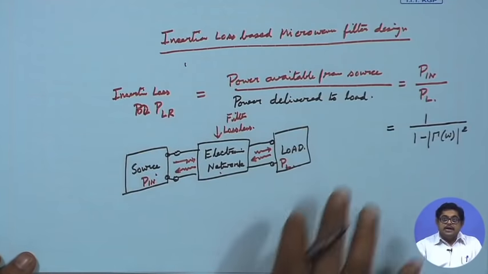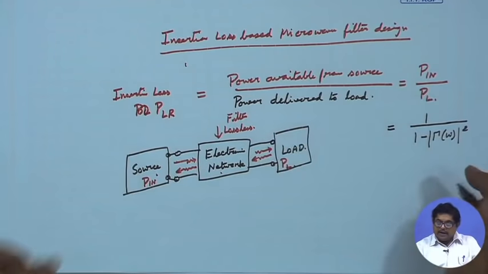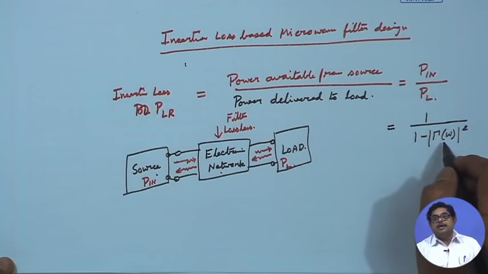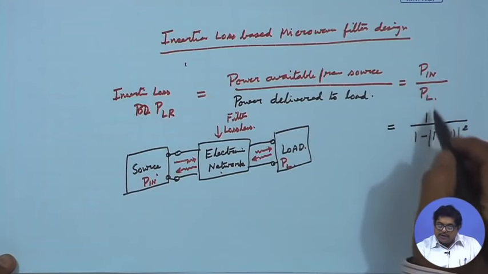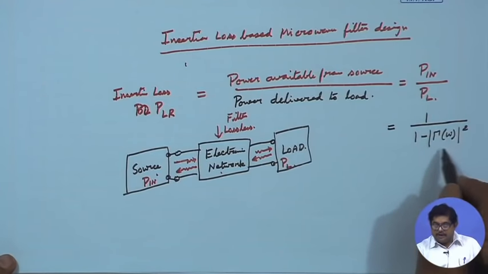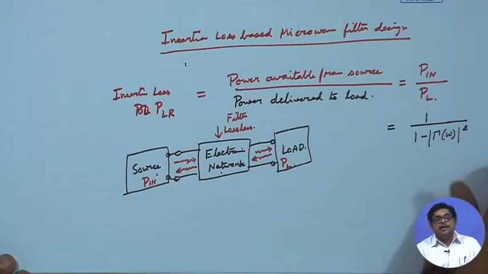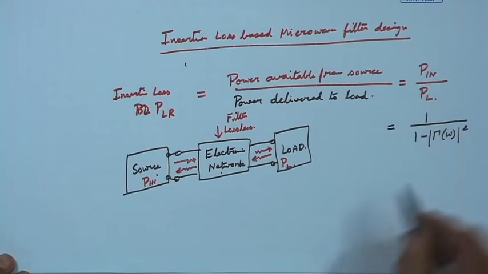So, by that I can define an overall reflection coefficient between this, and that is gamma, it is a function of omega, and I know that this ratio will be nothing but 1 minus this, that means 1 minus reflected power. These gammas, please remember, we have earlier discussed that this gamma is a voltage reflection coefficient, that is why we are taking the square, because we are talking of power.